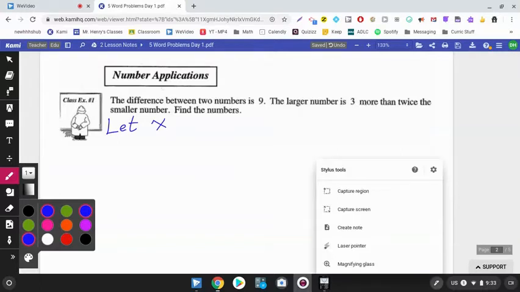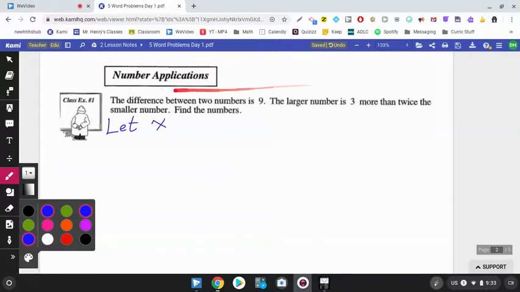So then I think, well, what is x going to represent? What is the context here? It's just numbers. It's kind of like a riddle, kind of like a puzzle. It's asking you to find 2 numbers that meet this criteria. Well, it says there are 2 numbers. There's a larger one and a smaller one. So I'm going to say, well, let x be the smaller number.